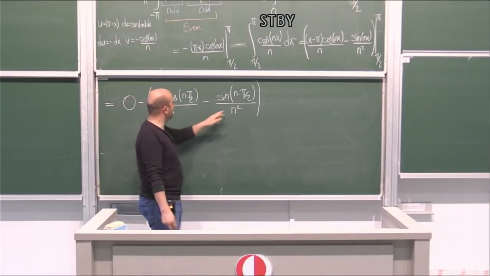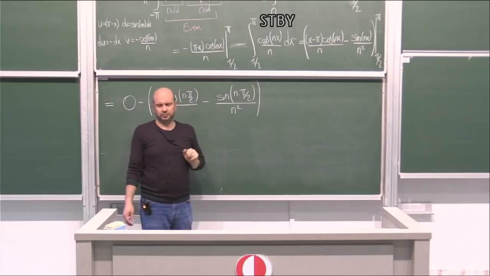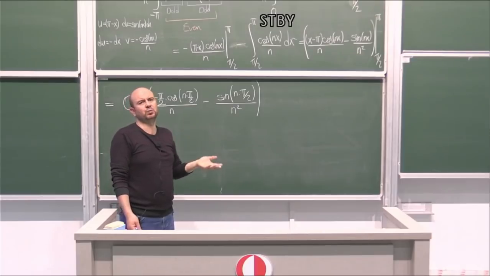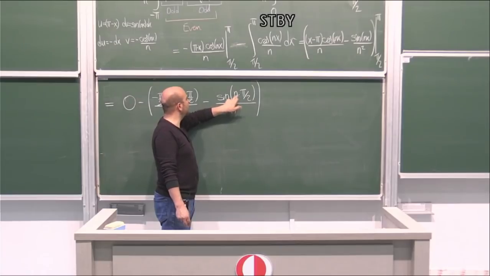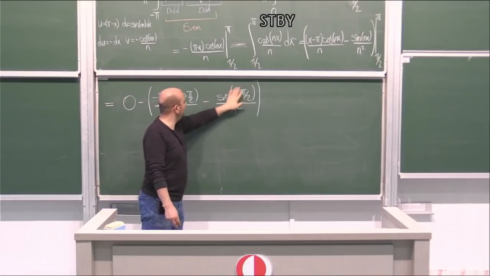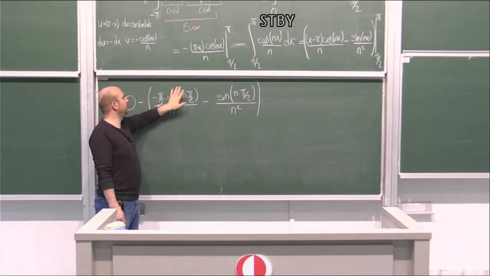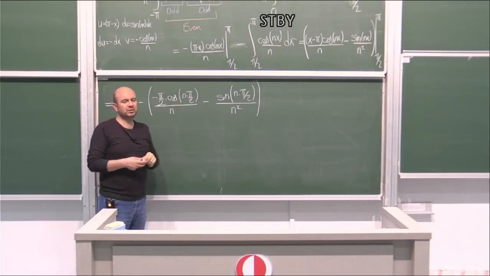Now, when you come to this part, when n is an odd number, you get an odd multiple of pi over 2, and this will give you either minus 1 or plus 1. But if n is an even number, this will give you a multiple of pi, which will be 0. So when n is even, this part will be 0. When n is odd, the other part will be 0. Depending on evenness and oddness, one of them goes away.